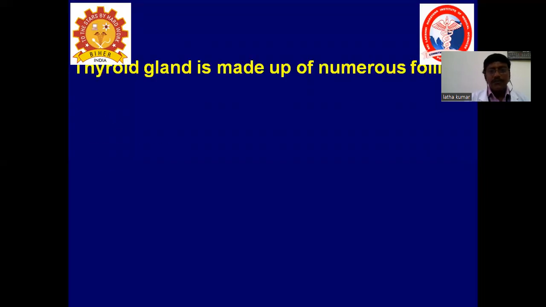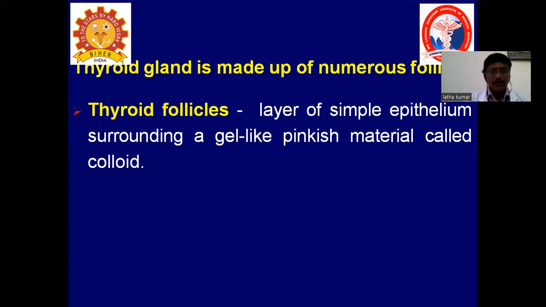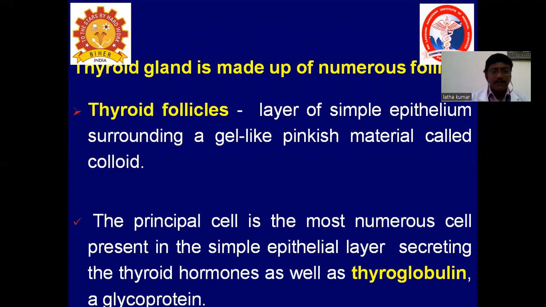The thyroid gland is made up of numerous follicles. The follicles are layers of simple epithelium surrounding a gel-like pinkish material called colloid. The principal cell is the most numerous cell present in the simple epithelial layer, secreting the thyroid hormone as well as thyroglobulin, a glycoprotein.